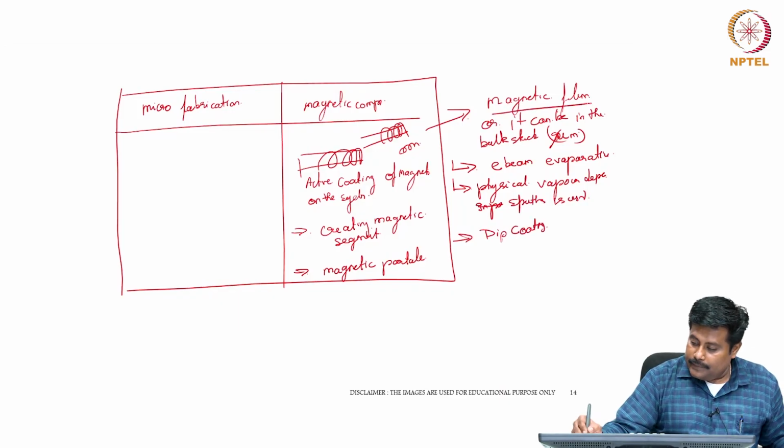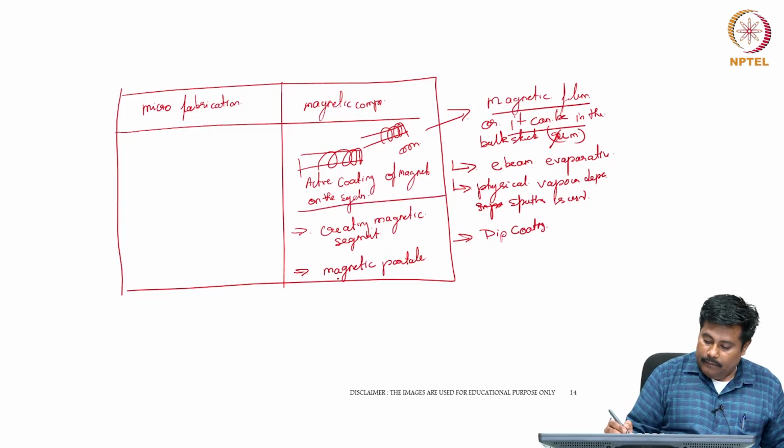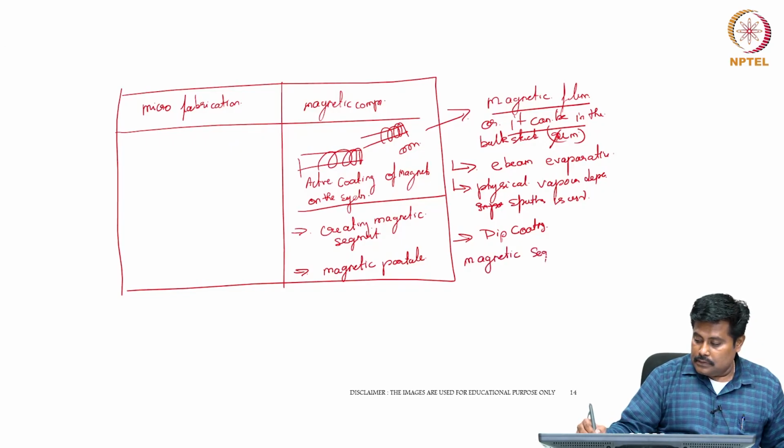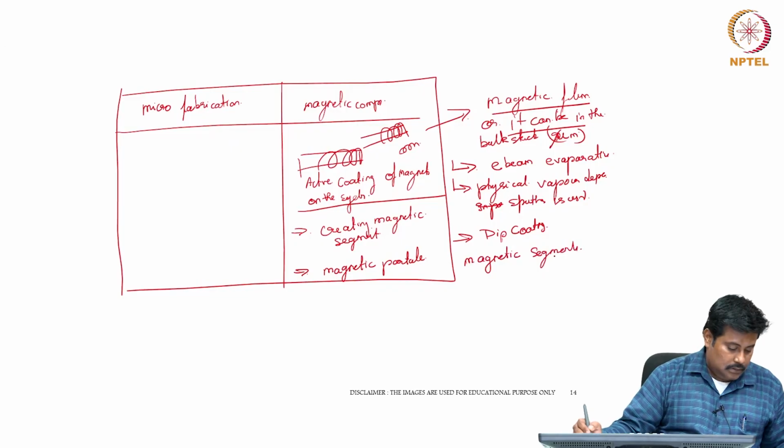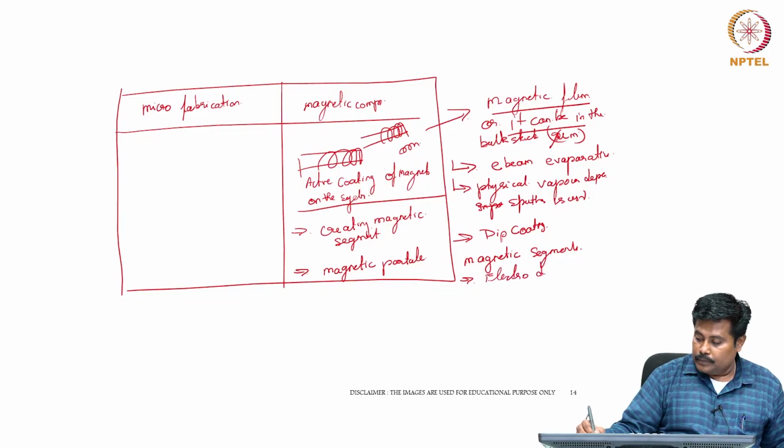So this is the case when we are considering a magnetic film. Similarly, when we consider magnet segments, we can have electrode deposition, or a kind of oblique angle deposition.